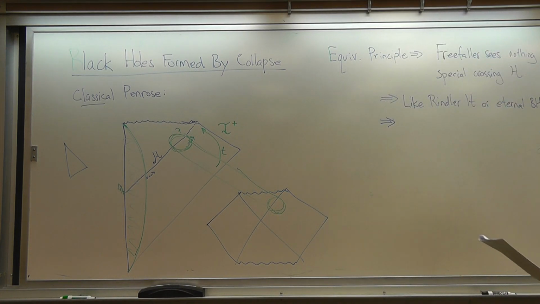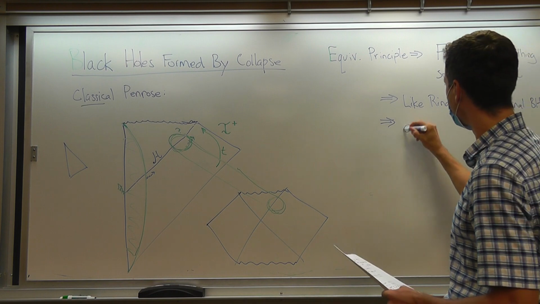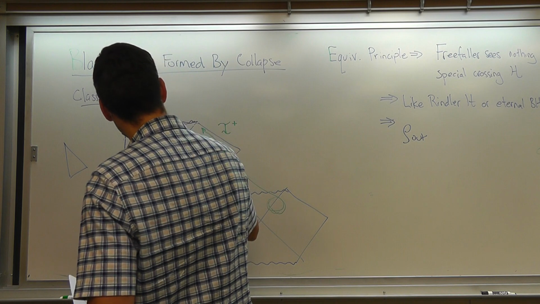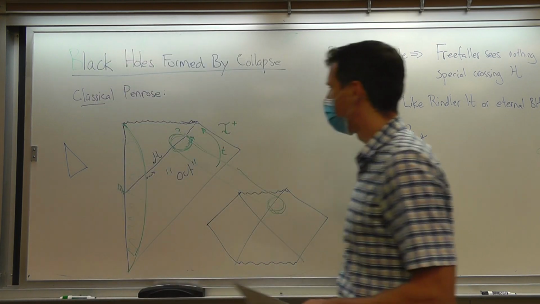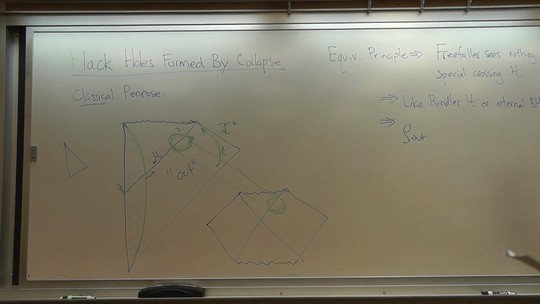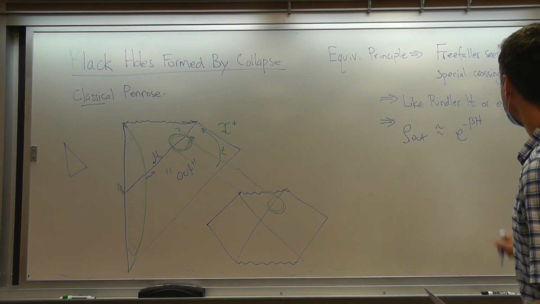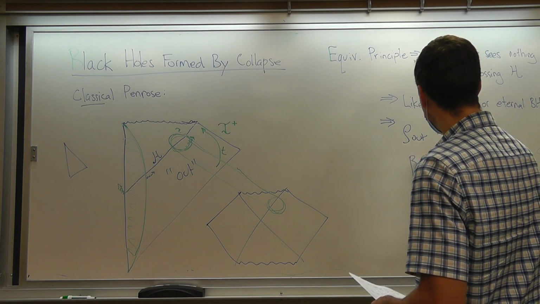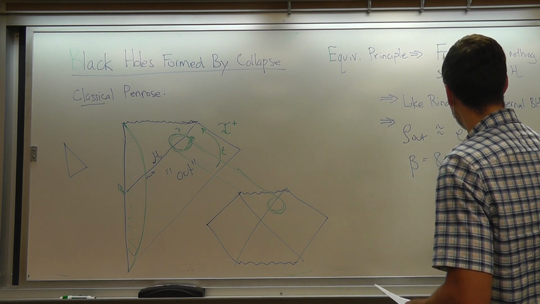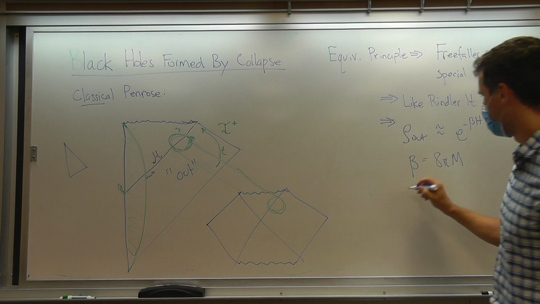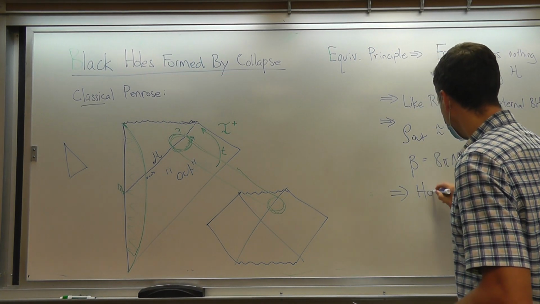Okay, so if it's the same as that piece of the diagram, then we're finished. It means that rho in the outside region, which is this region outside the black hole, is approximately thermal, e to the minus beta H, where beta is what we calculated last time, 8 pi M. And that's Hawking radiation.